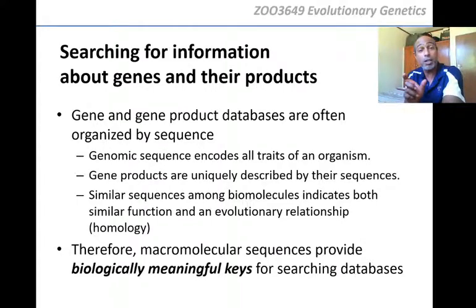So you can actually search for a gene, not by naming the gene itself, but by having the sequence or part of the sequence of the gene. You can paste that into a search, hit enter, and it comes up with all the information about that gene. So that's fantastic. You don't have to know the name of the gene. You just have to know the sequence. If you don't know the sequence, you need to know the name. So macromolecular sequences provide biologically meaningful keys for searching databases.